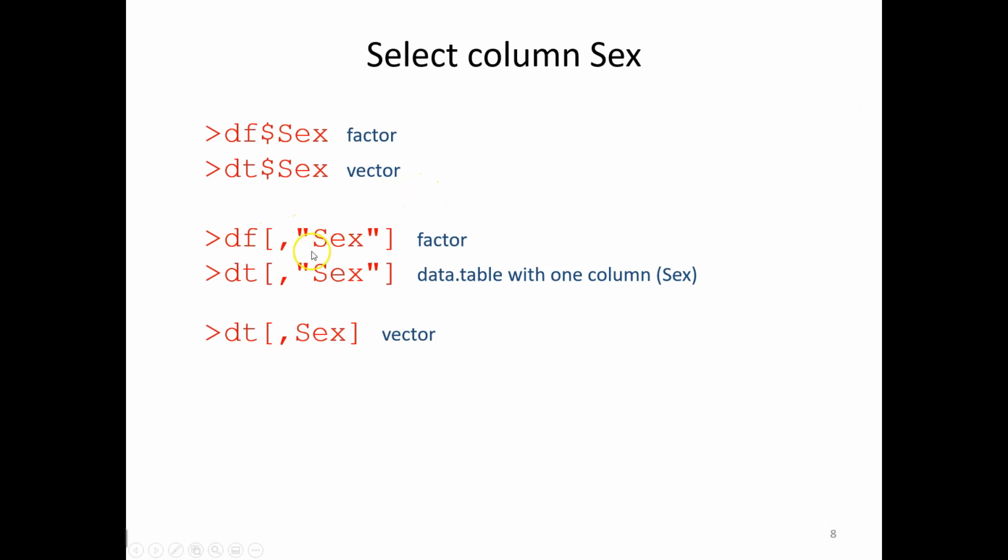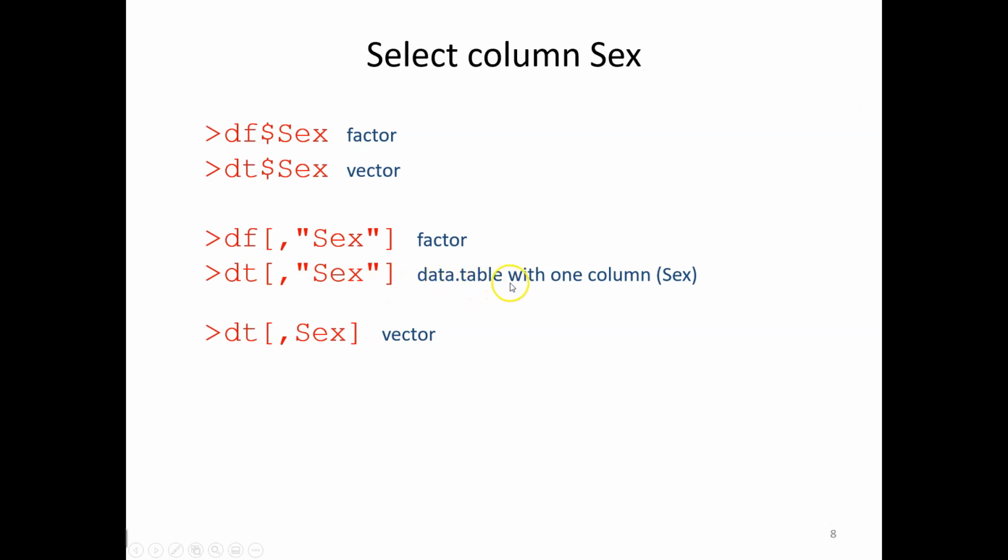You can also, as you probably remember, use the brackets and write df, all rows, comma, and then the name of the column within quotation marks, and then you get this column as a factor once again. If you do the same thing for the data table, though, you actually get the correct column, but you don't get it as a vector anymore.